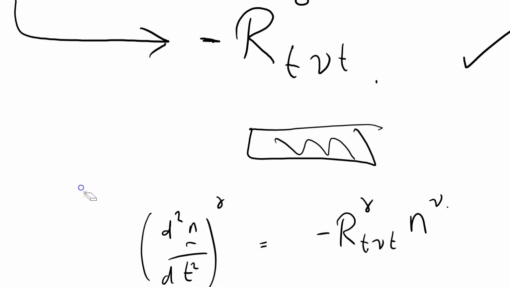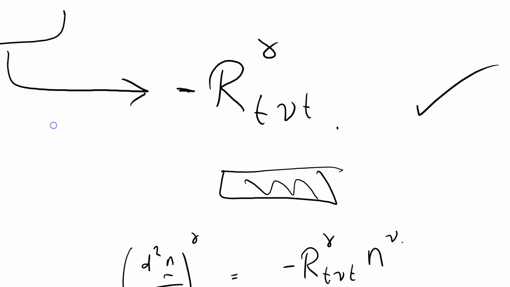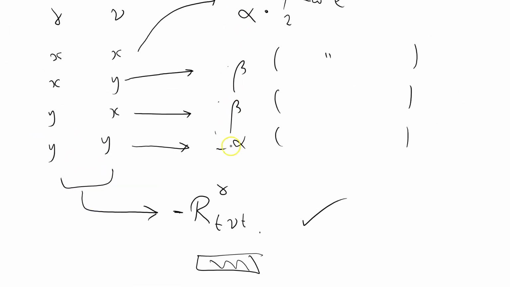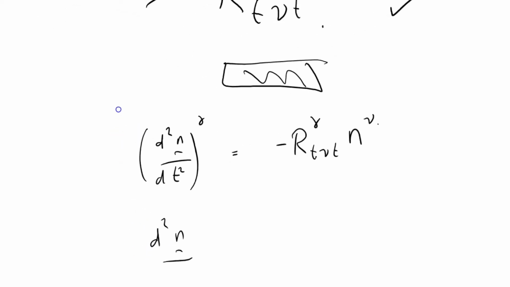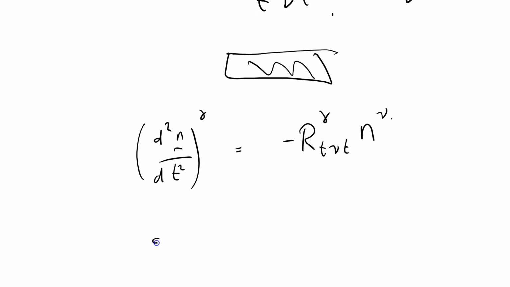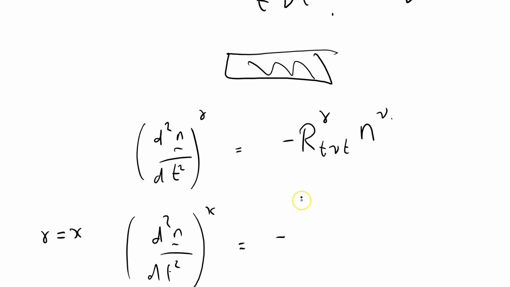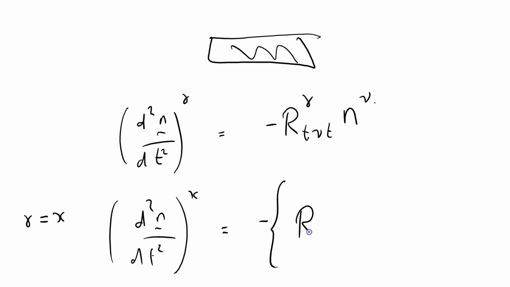Now, because we've got the rules here, we can just substitute. d2n by dt squared, component gamma equals x, equals minus R gamma equals x, t, and then I'm going to expand nu into 2 terms.